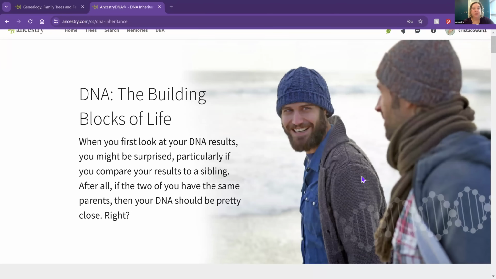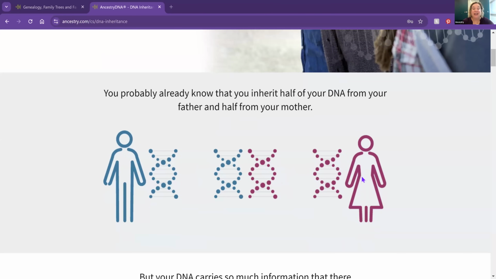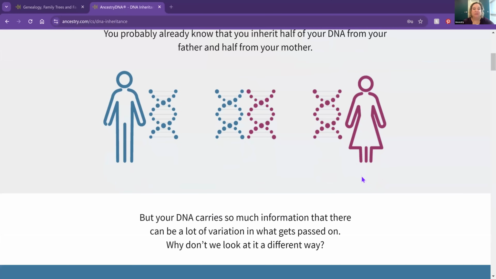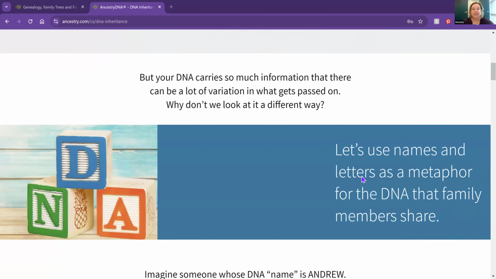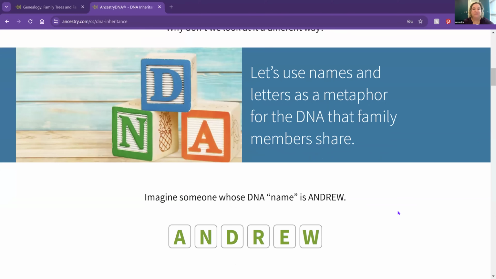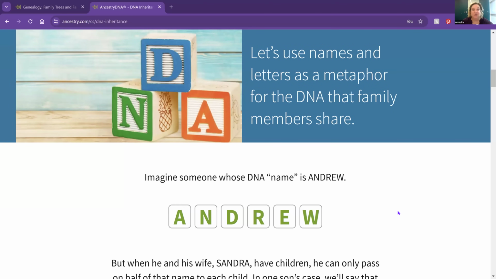Okay, so we are going to take a look at an analogy or an example of exactly what it means when you get a random 50% of your dad's DNA and a random 50% of your mom's DNA. And the way that we're going to look at this is we're going to use some letters of the alphabet that make up some names as a metaphor for this little family. So let's imagine someone, and their name is Andrew.